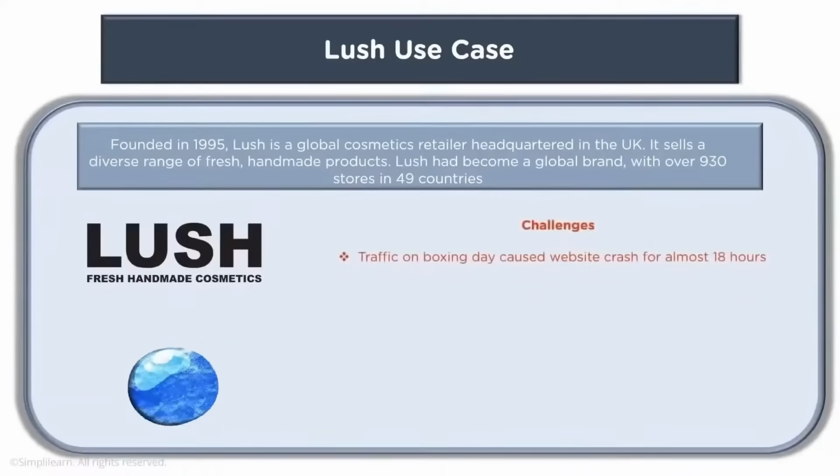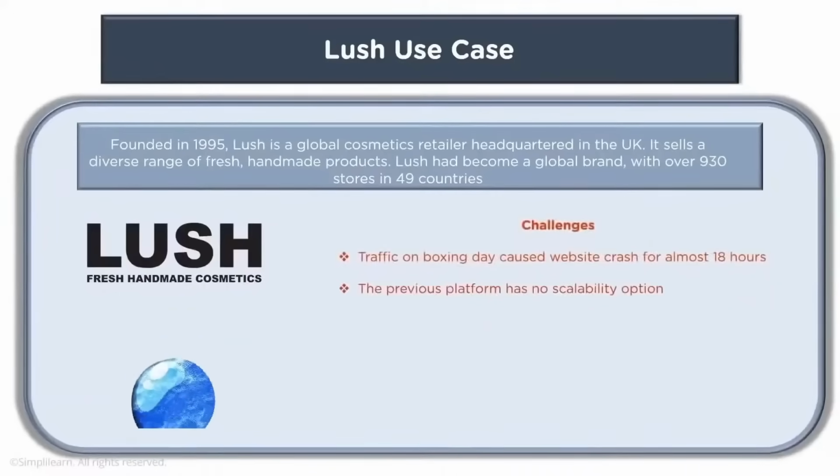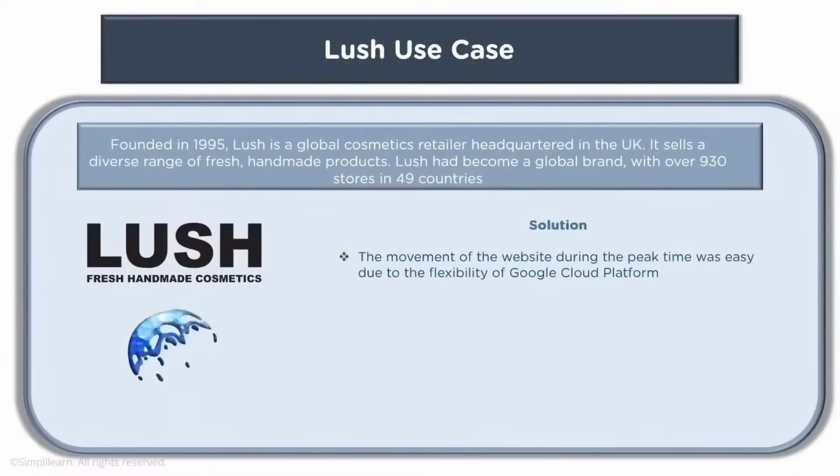The challenge faced here was that traffic on Boxing Day caused a website crash for almost 18 hours, and this had a devastating effect on their business. The previous platform had no scalability option. What was the solution? The movement of the website during the peak time was easy due to the flexibility of the GCP platform.